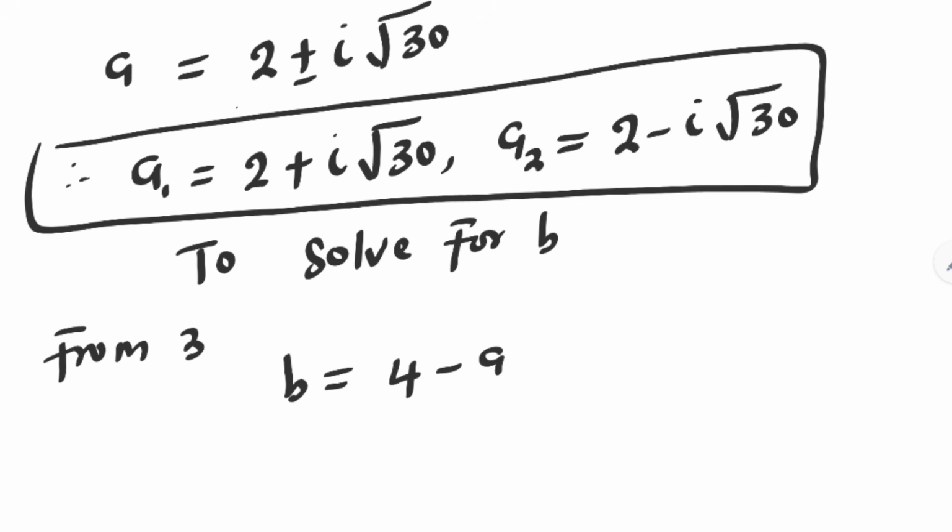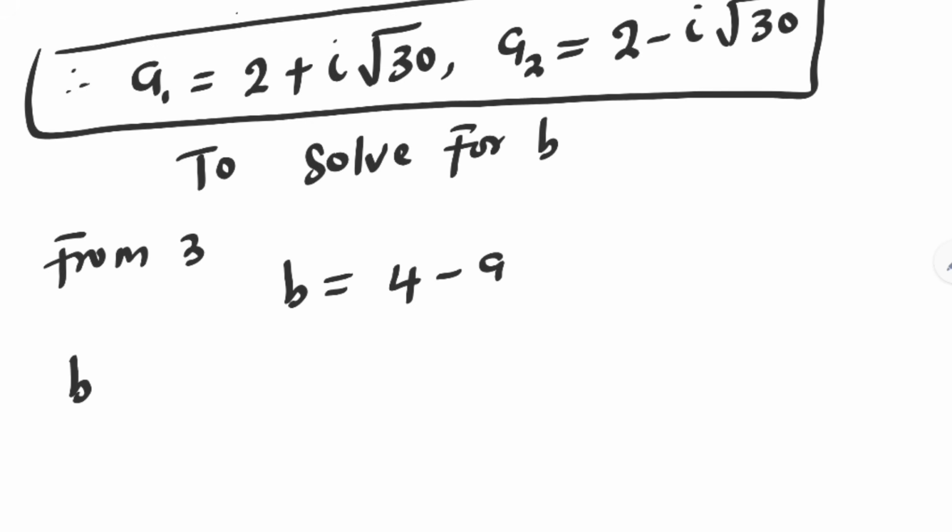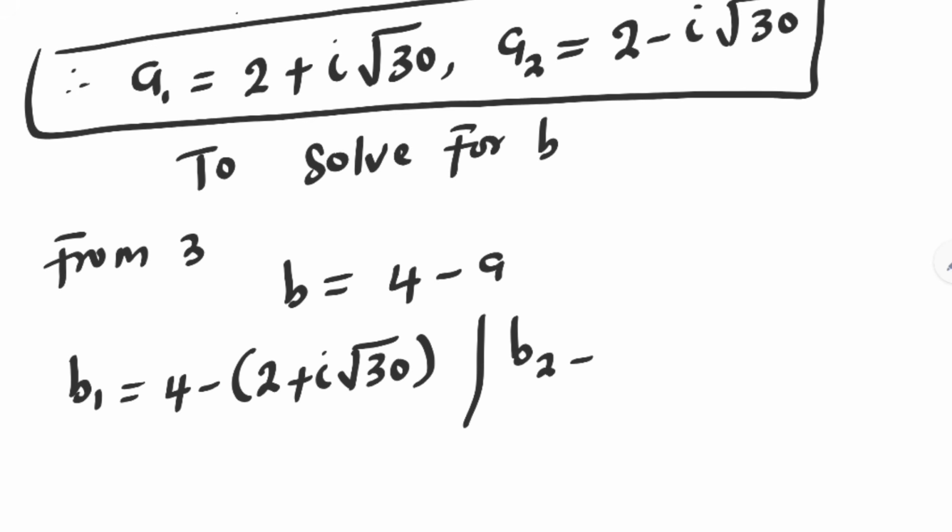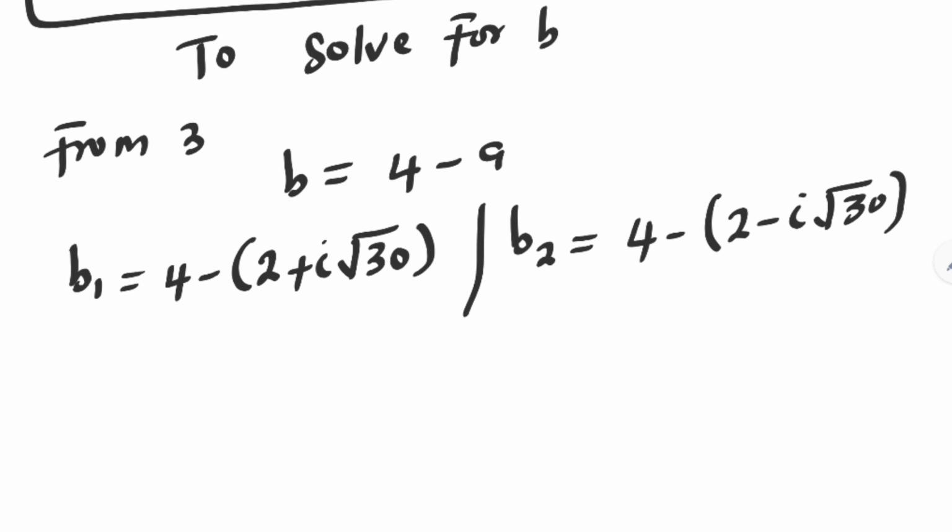4 minus A. Then B1 is equal to 4 minus A1, which is 2 plus I square root of 30. And B2 is equal to 4 minus 2 minus I square root of 30. Then B1 is equal to 4. If you open the bracket with this negative, we have minus 2 minus I square root of 30.